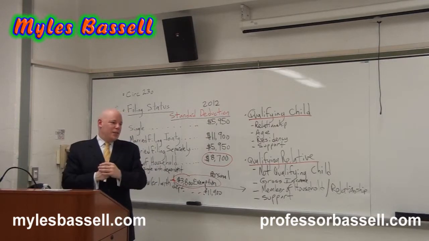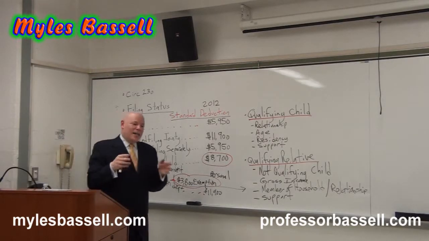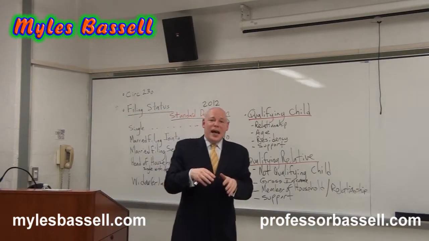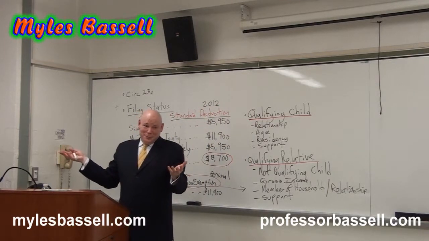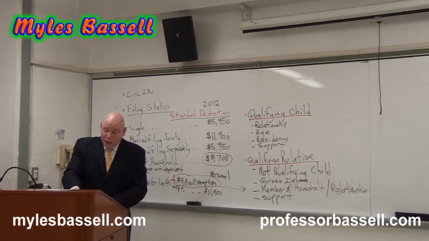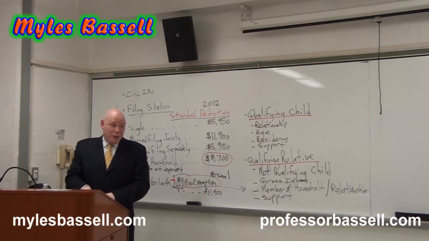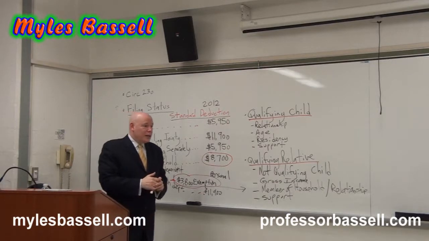Now, if the guy dies on January 1st and then January 15th you remarry, I don't know, maybe I'm watching too much Judge Judy, but apparently these things happen, according to Maury Povich. Maury, you know Maury?